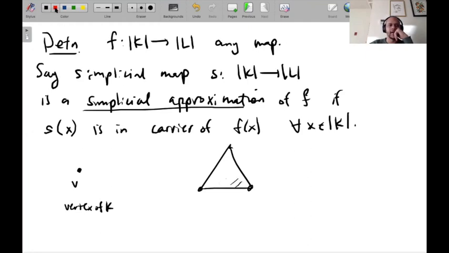So here you have f of V. Now the carrier of f of V is this full triangle, since f of V is in the interior of this triangle. So this is a triangle in L.